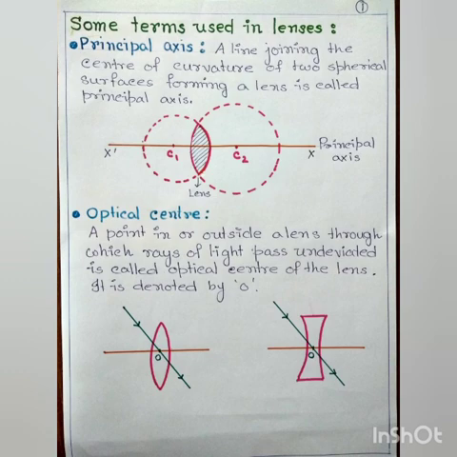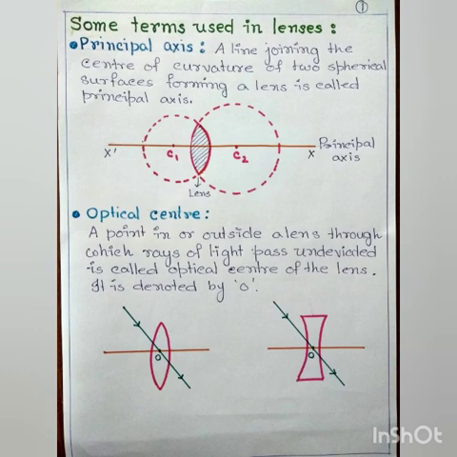Now what is principal axis? A line joining the centers of curvature of the two spherical surfaces forming a lens is called the principal axis. Here we have considered both surfaces of the lens to be spherical.